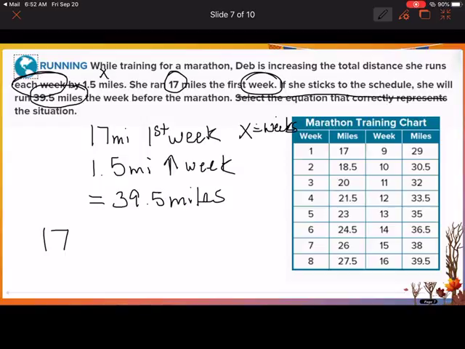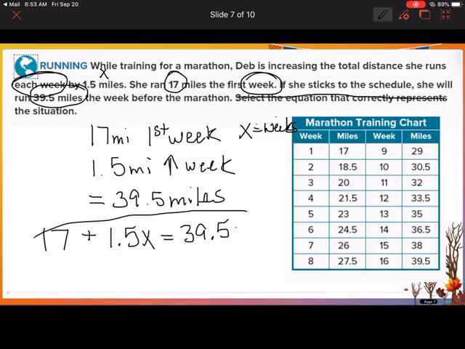So each week we're going to multiply that by x, by my weeks. And then my question is, we're adding this to that. So she's increasing her miles. And then we've already said that needs to equal 39.5 miles. And this is our equation. So every time we see something like this, we need to step by step through it and really determine what we have and what we need.